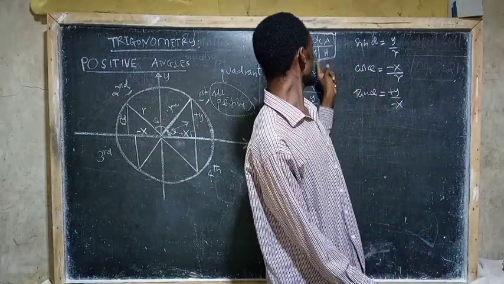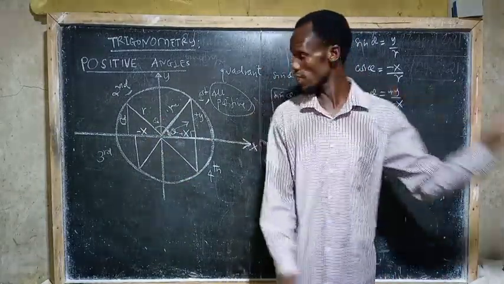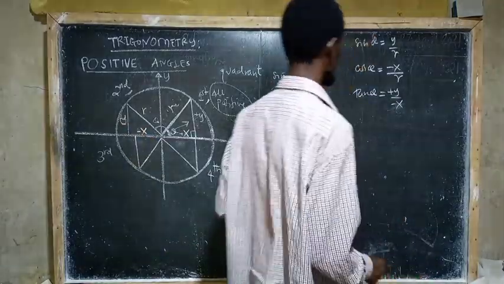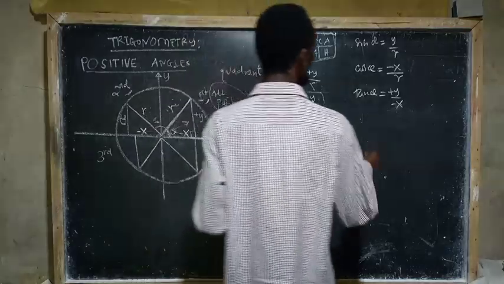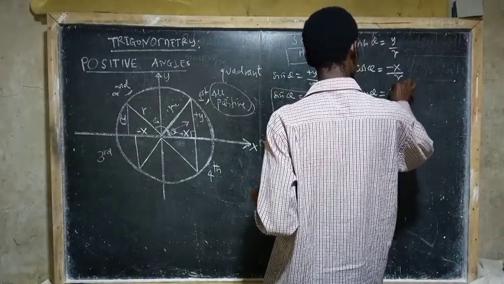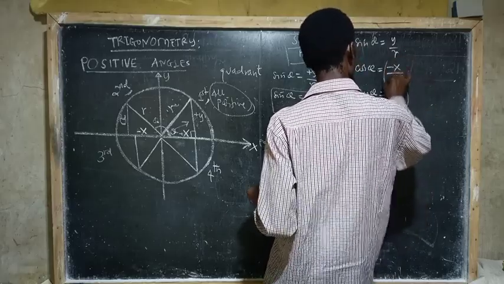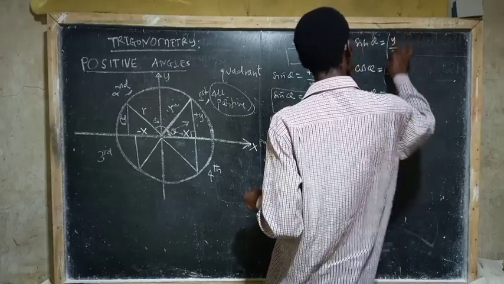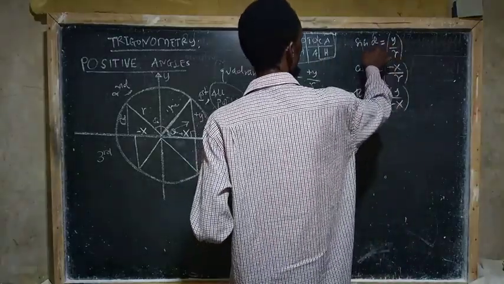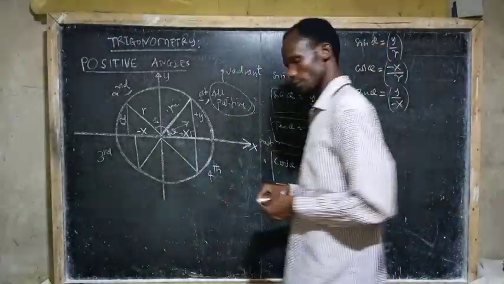But also we have tan, opposite over adjacent. You can see here we have positive, here we have negative, here we have negative, here we have positive. Means only sine of an angle is positive.